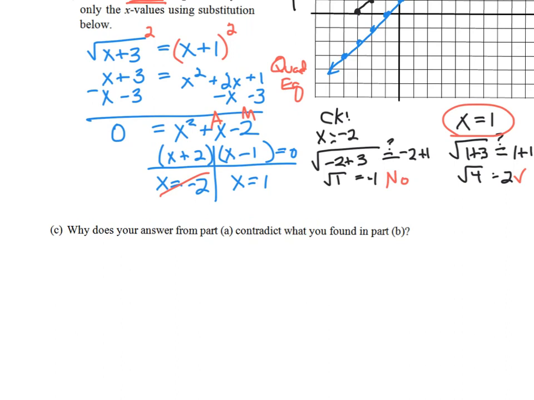So to finish this example, question C says, why does your answer from part A contradict what you found in part B? Well, in part A, I only had one point of intersection. But then when I solved algebraically, it looked like there was going to be 2 points of intersection.